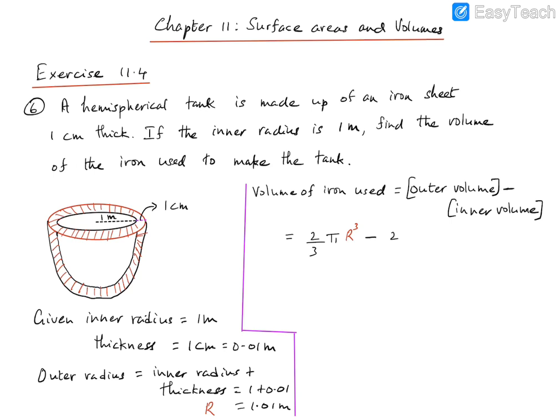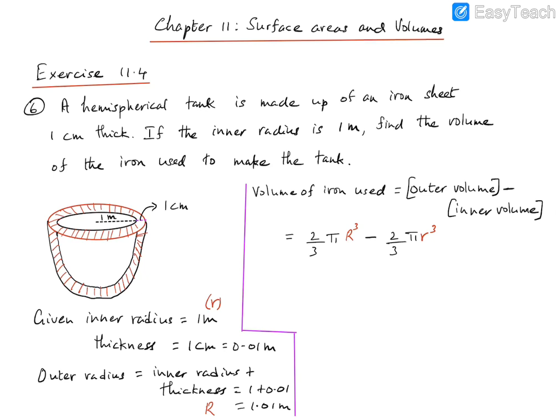The volume of the hemisphere is again 2 by 3 pi r cube, and we'll denote the inner radius by a small r, so 2 by 3 pi r cube with a small r. Now we have to calculate this difference, and that will give us the volume of the iron that is used in making this hemispherical tank.